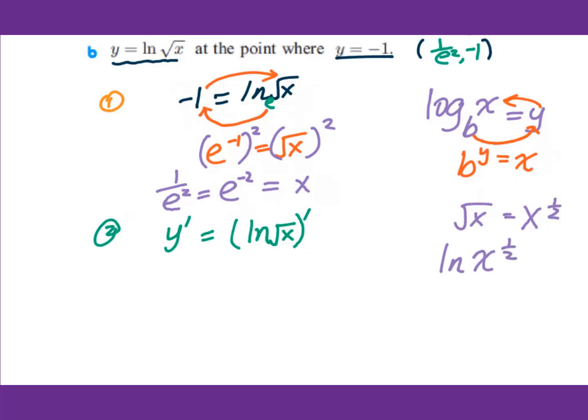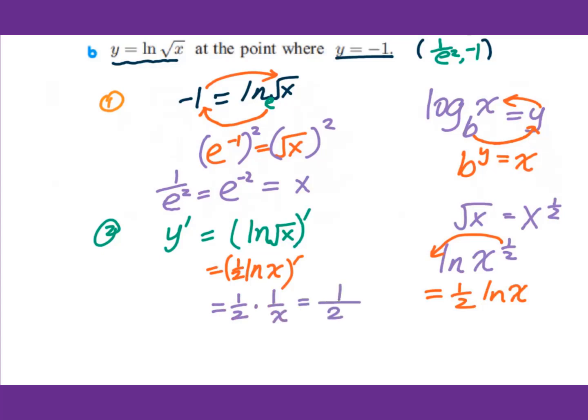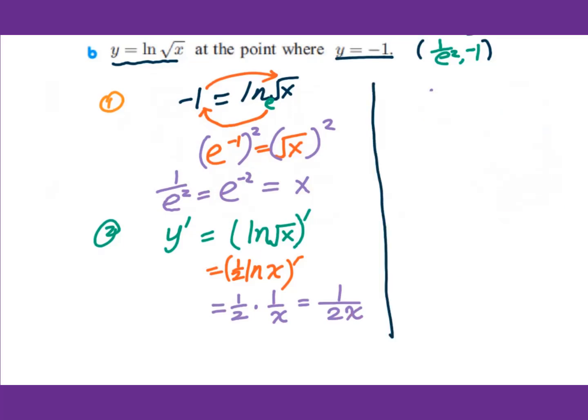Then we do the expansion, drop down this 1/2, get 1/2 natural log of x. We do the derivative: that is 1/2 times 1 over x, which means 1 over 2x.